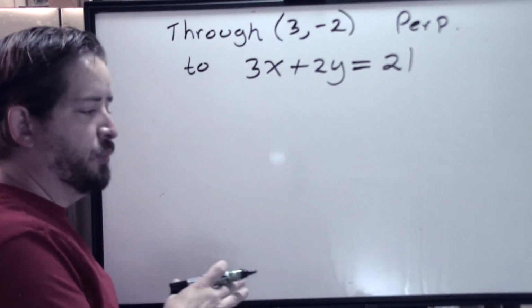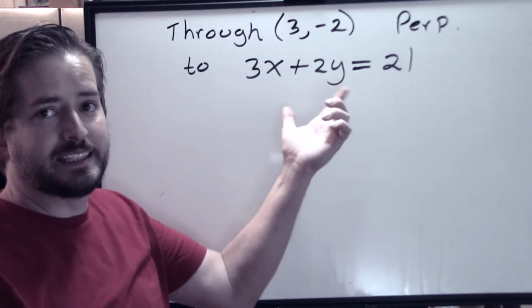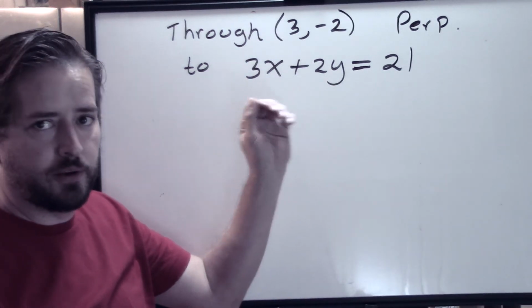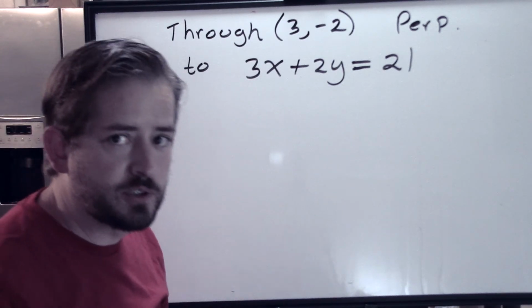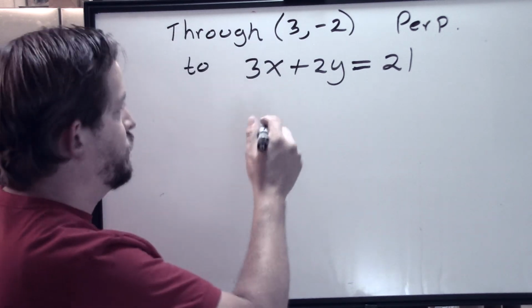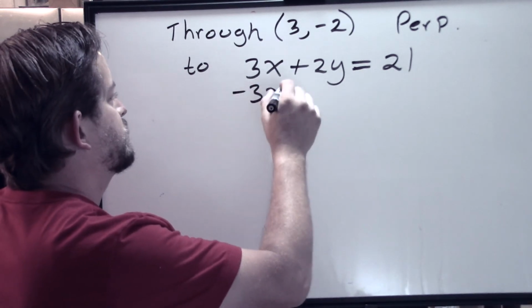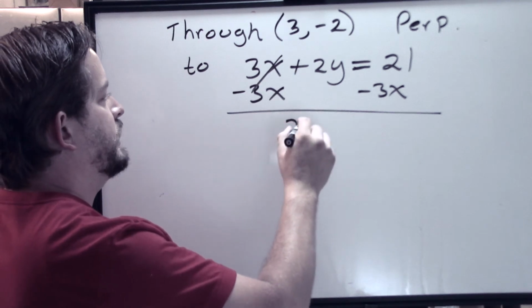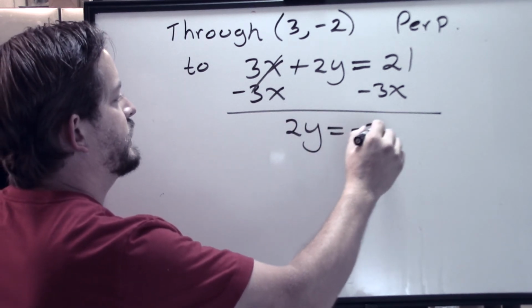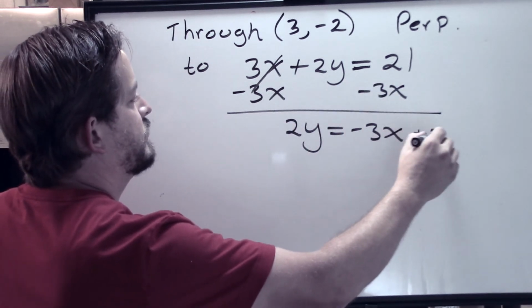Now again, the only bit of information I want from this line is its slope. Once I have its slope, I don't care about the rest of the line. That's all I care about is that slope. So I'm going to solve for y. Well, minus 3x from both sides leaves me with just 2y equals negative 3x plus 21.